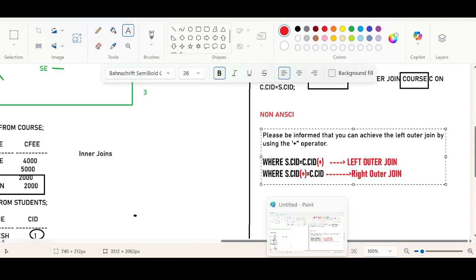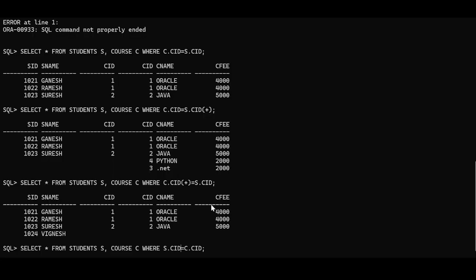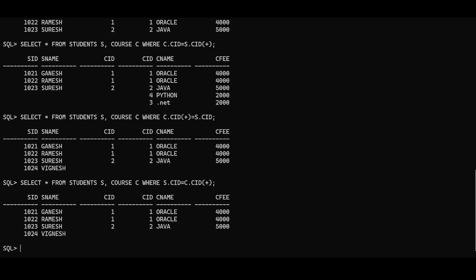This is the only difference. This is how you differentiate. Because since there are no join keys, you depend upon this plus operator or predicate operator. When you use it on the right side, this is left outer join. Okay.